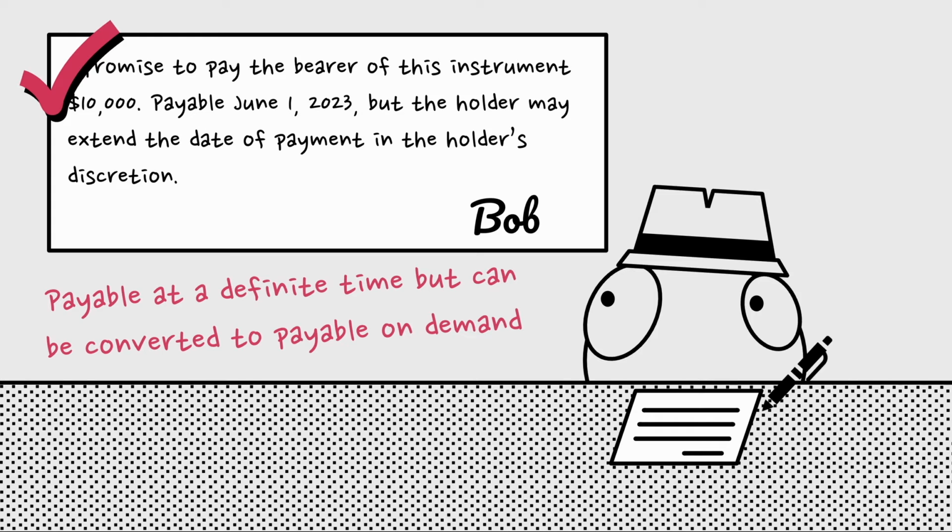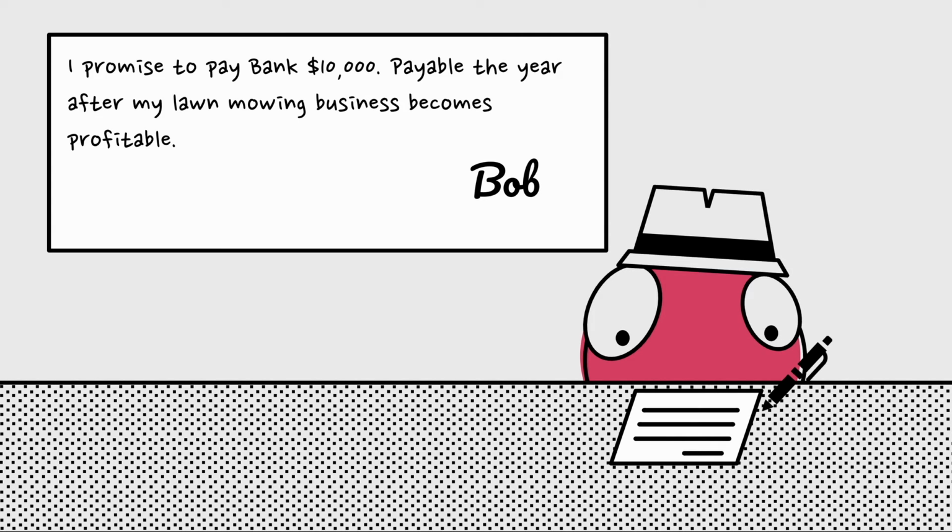That's fine. This works. What doesn't work, though, is potentially things like this, right? I promise to pay $10,000, payable the year after my lawn mowing business becomes profitable. So again, remember, could you do this? It's fine. Is it negotiable? No, it would not fall under Article 3. It would not be a negotiable instrument.